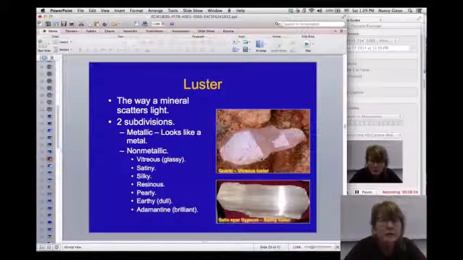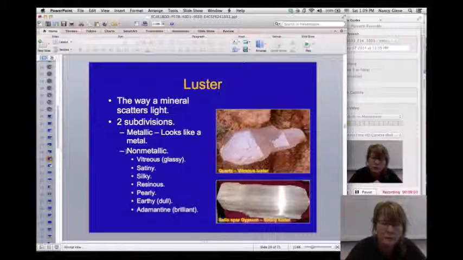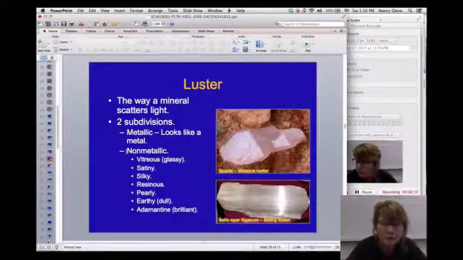So there's a lot of different ways to describe luster, but there's two main categories of luster: metallic luster and non-metallic luster. So when you look at a mineral and you want to determine the luster of the mineral, the first thing you ask yourself is, does it look like a metal?